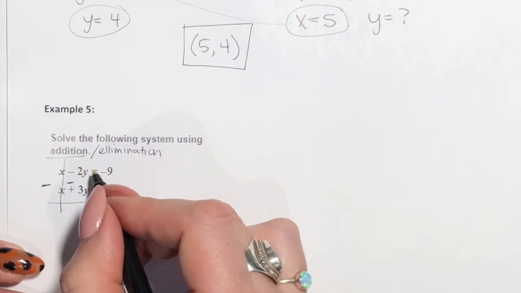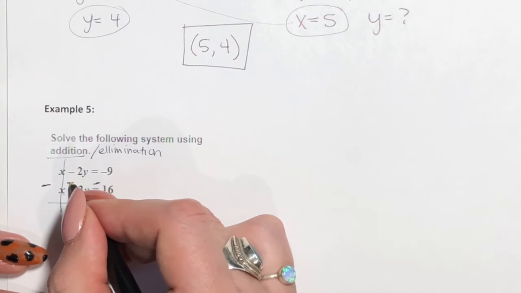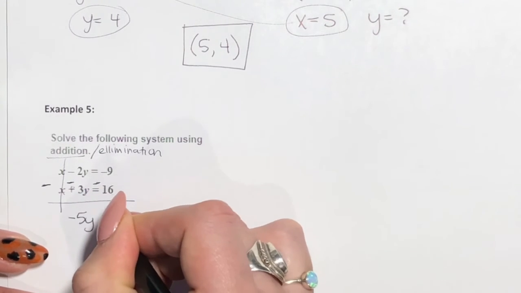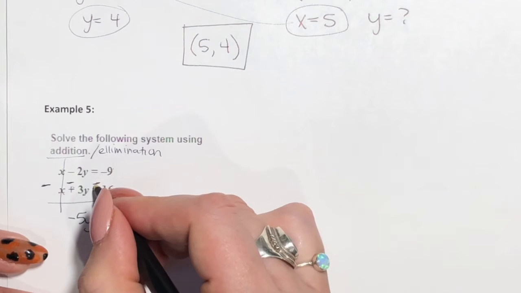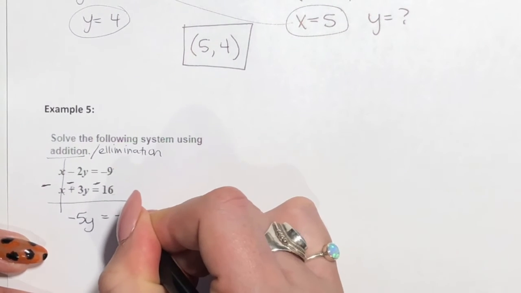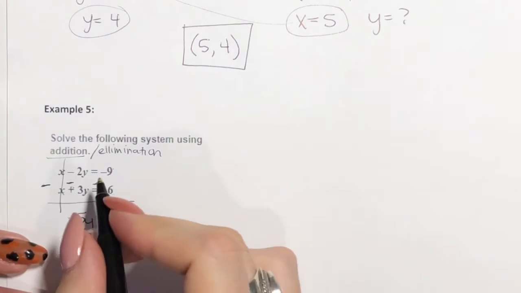If I have negative 2y and I subtract, not add, but subtract 3y, I get a negative 5y. And then negative 9 subtract 16 is going to be a negative 25. So make sure you don't mess your signs up. Sometimes that can be tricky when you're doing the elimination method.